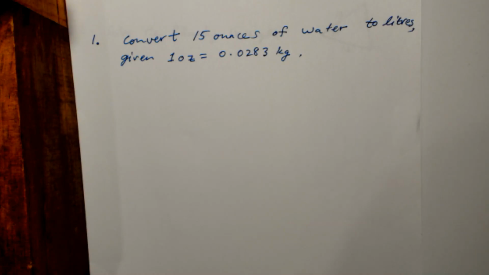So the first thing we want to do is convert this to kilograms, and the reason why is because 1 kilogram of water is equal to 1 liter of water. That's one of the nice things about the metric system, since water is such a useful resource to life. Okay, so let's get started on this.